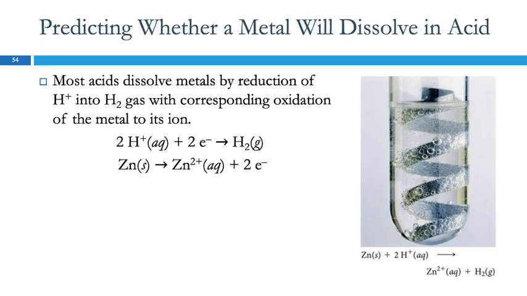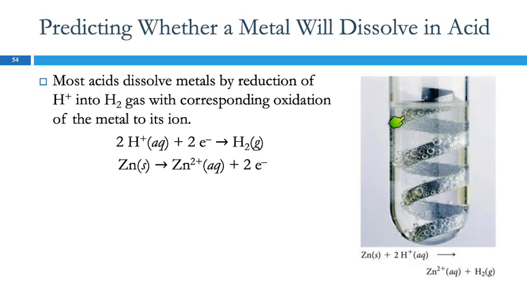Most acids will dissolve metals, and the way they do that is they reduce hydrogen ions into hydrogen gas with the corresponding oxidation of the metal to the ion. So you get the solid metal, becomes an ion that's soluble, and so it dissolves. So here we have the half reaction of hydrogen ion being reduced, and here we have zinc metal being oxidized.